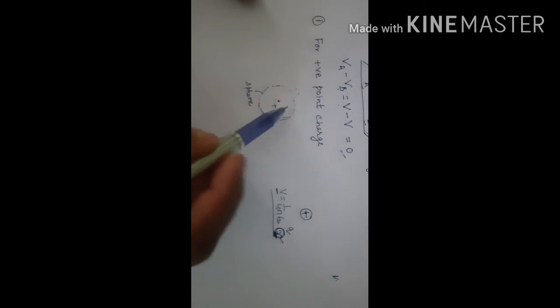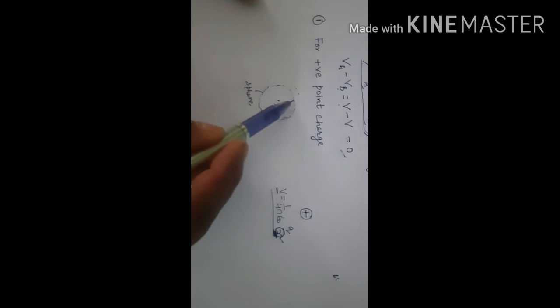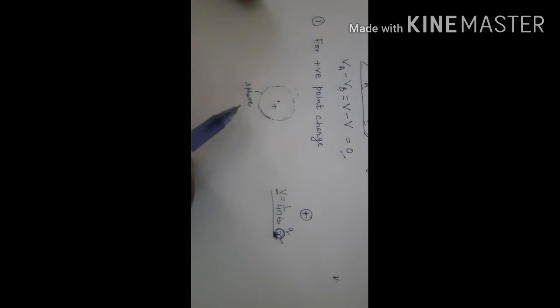So the potential on this surface will be the same or equal. Then we can say that this is an equipotential surface.